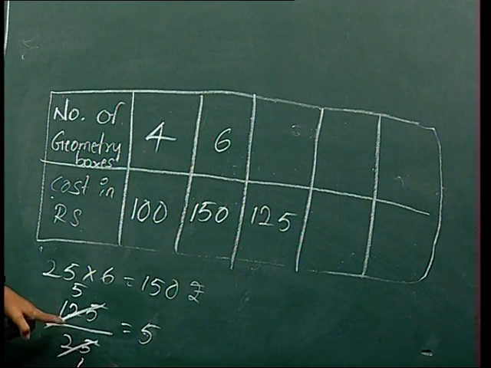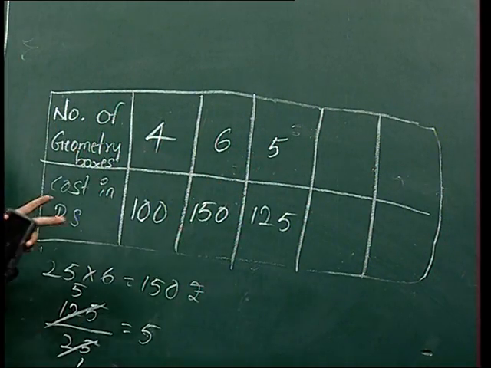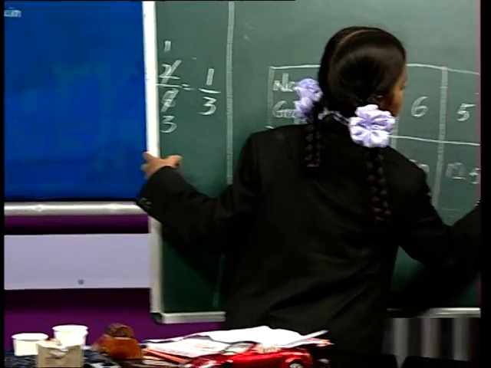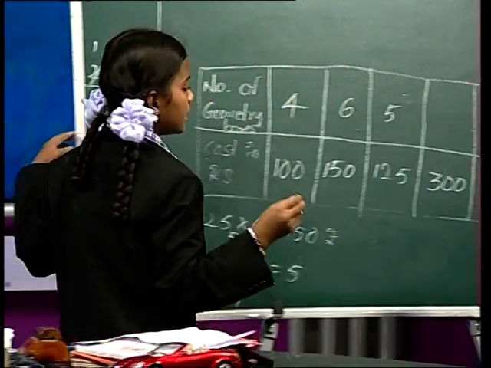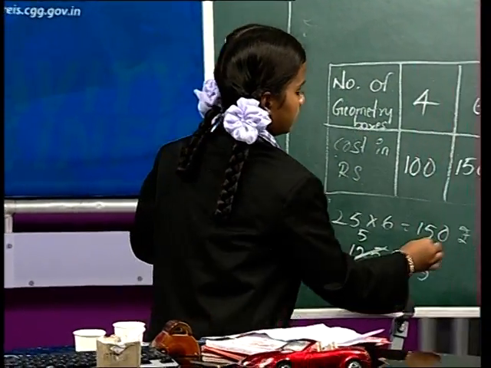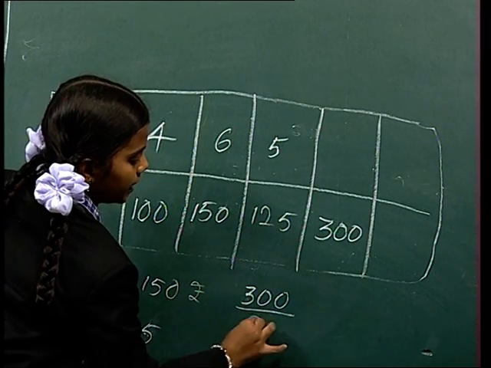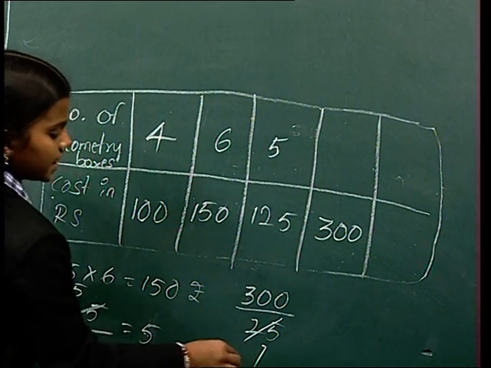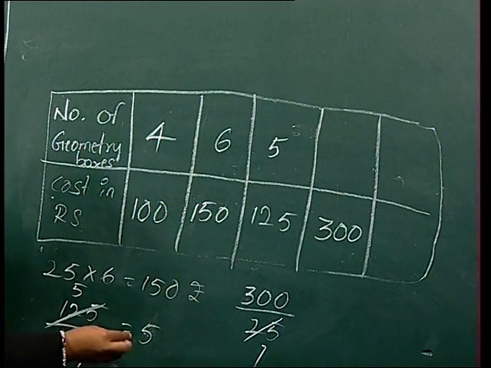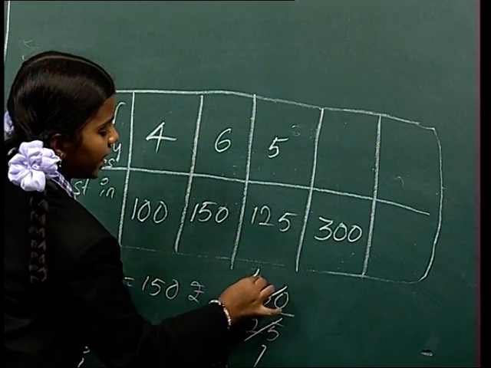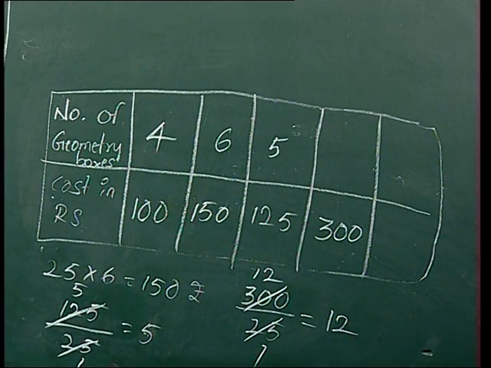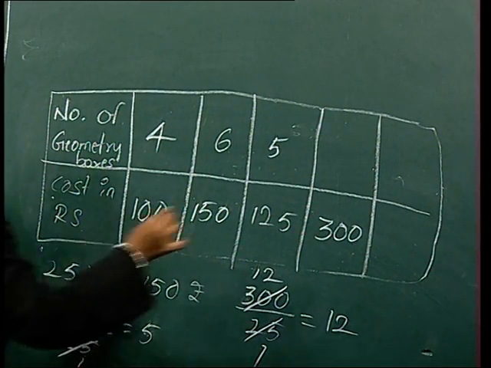So 5 geometry boxes cost 125 rupees. Then the cost is 300 rupees. 300 divided by 25 is 12. 12 geometry boxes cost 300 rupees.